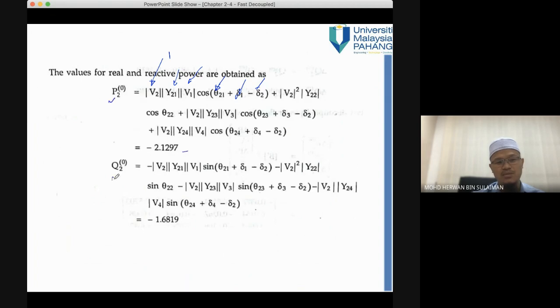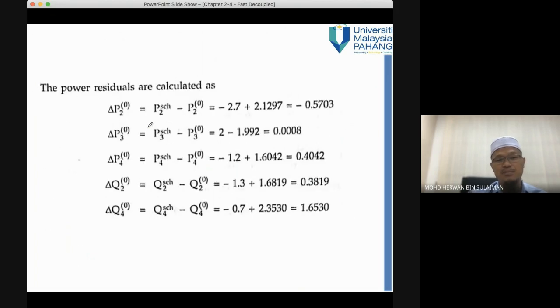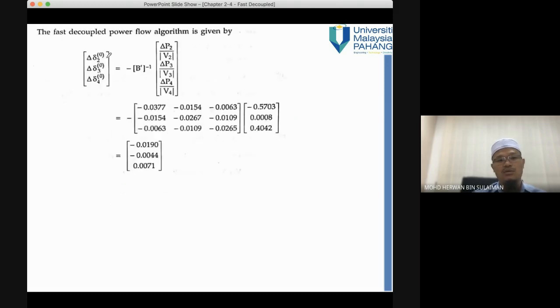Ni P2 and then Q2 sama. Masuk value dapat this value. And then cari P3 kita ialah PV bus, masuk value dapat 1.992. And then cari P4, cari Q4. Dah dapat semua sekali, cari data P2, data P3, data P4, data Q2, data Q4. Dapat this value, guna this value lah. So negatif B prime, inverse kan.